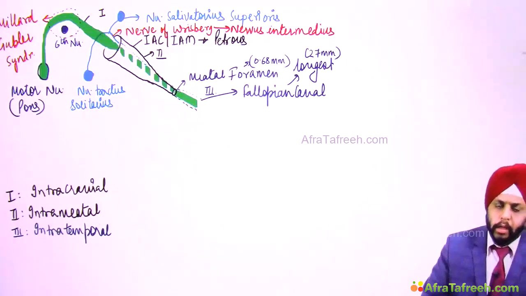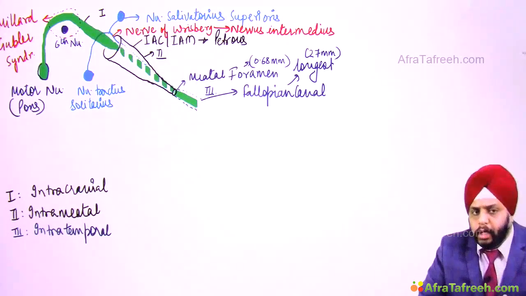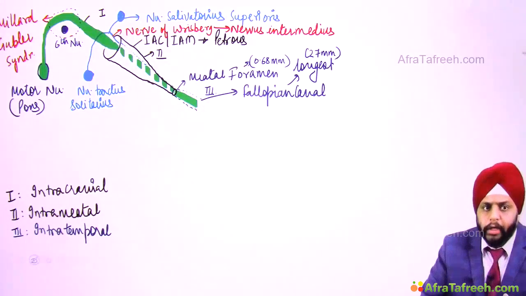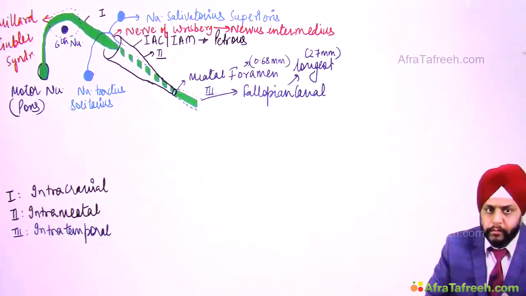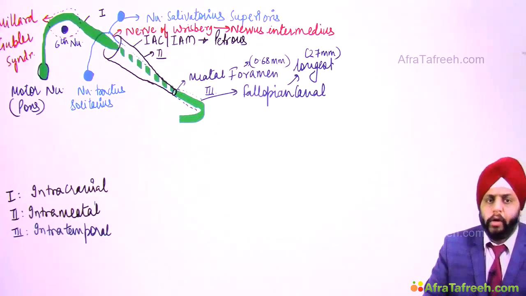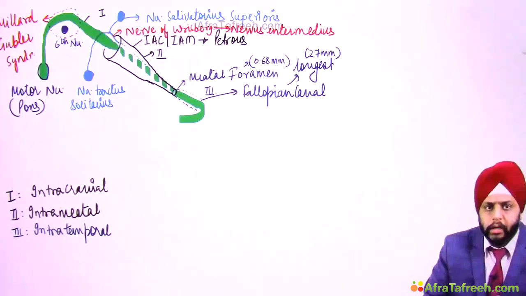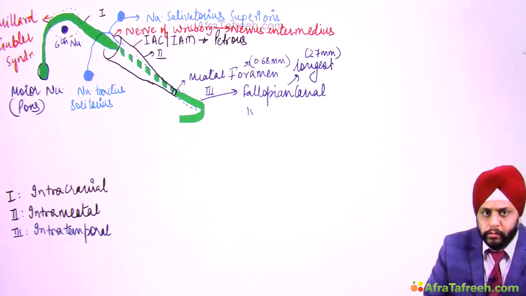Now from here, the facial nerve is in the temporal bone, and it takes a sharp turn. You see over here, it takes a sharp turn like this. This turn over here is known as the first genu.